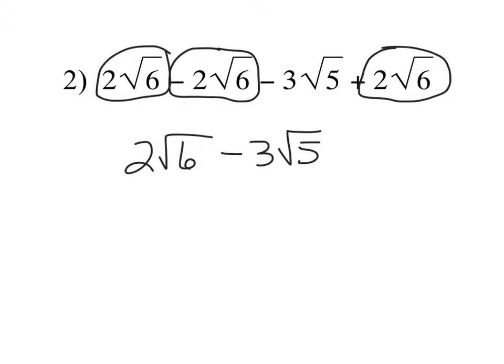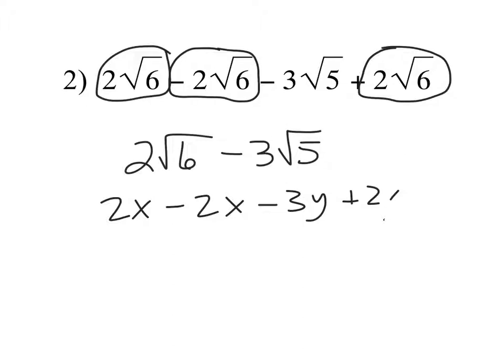Now, can I combine these two? No, because this right here is a 6 and that's a 5. Those numbers are not the same. This is my simplified answer. Again, if I were to write this with variables, this would be 2x minus 2x minus 3y plus 2x on the back end, not 2y.